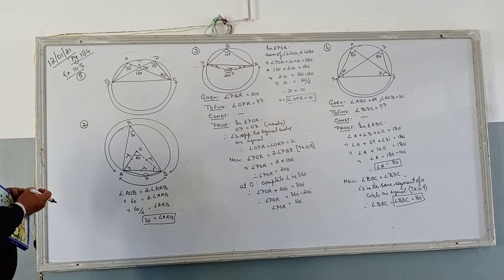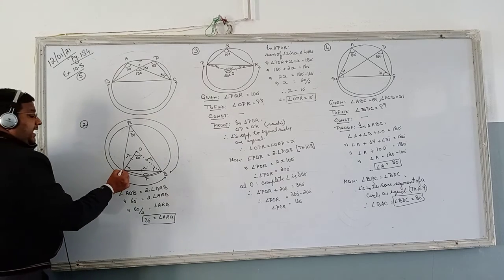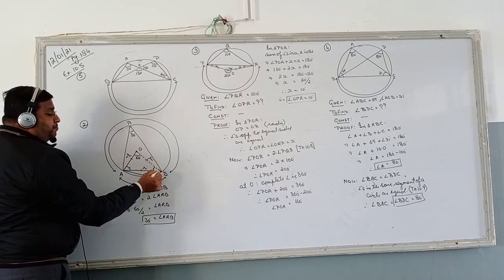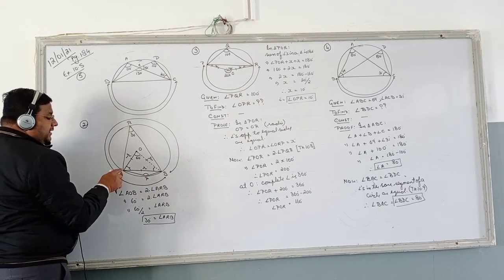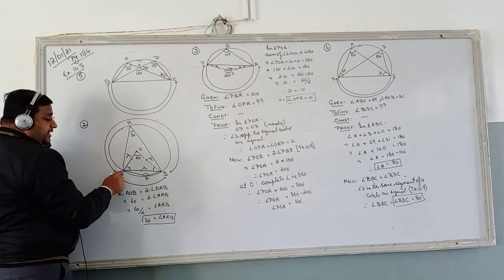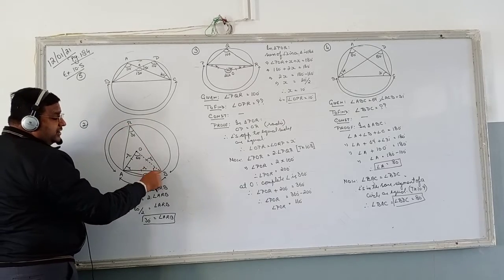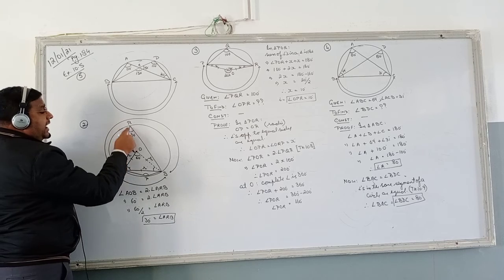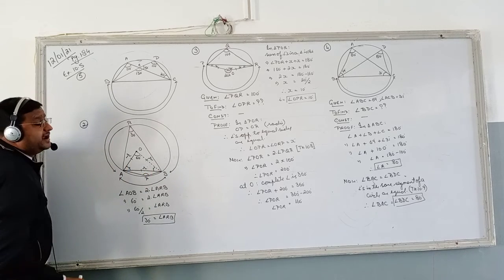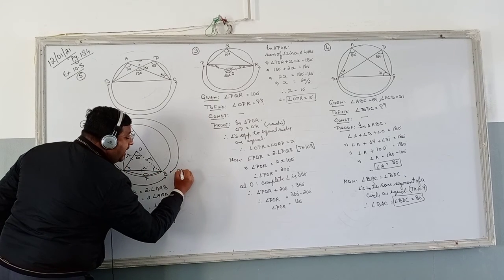Now check ARBP. Is it a cyclic quadrilateral? A is on the circle, R is on the circle, B is on the circle, P is also on the circle. So ARBP is a cyclic quadrilateral.